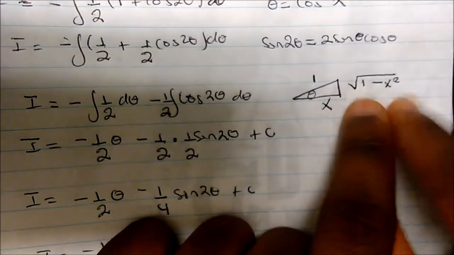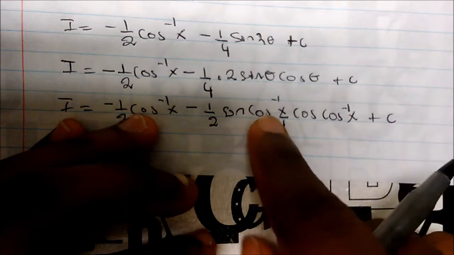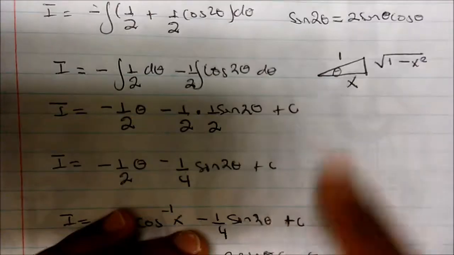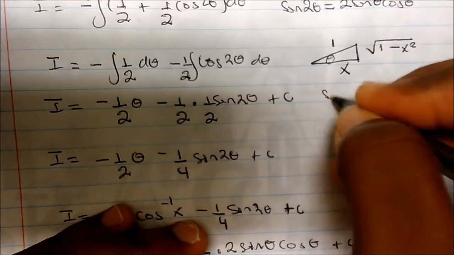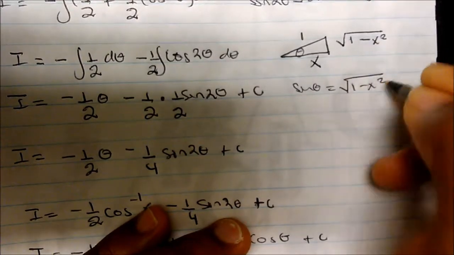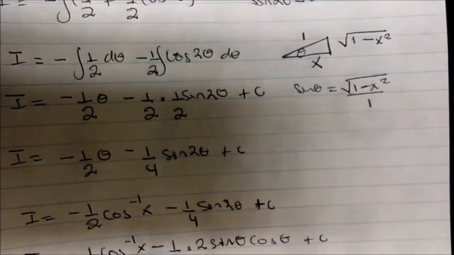So the third side is the square root of 1 minus x squared. If cosine of this angle is x over 1, what is sine? Sine is opposite over hypotenuse, so sine of theta is the square root of 1 minus x squared over 1. We don't have to write the 1, but it's there.